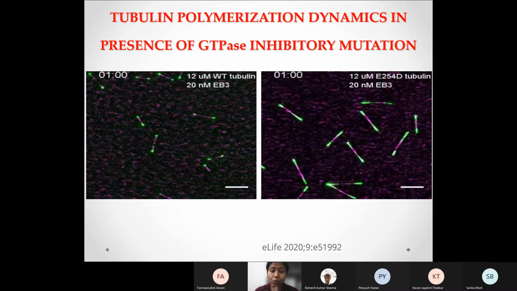But in cells, you do not want growth and catastrophe every time, because you would perhaps want to transport a certain vesicle to the cell surface. And the vesicle is moving along rail tracks, along these microtubules, to the surface.